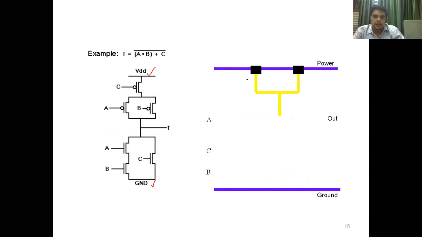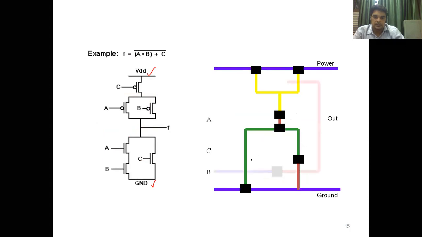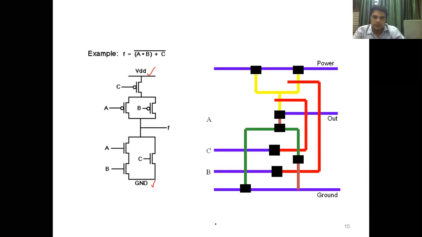Basically there are two P diffusion lines here and N diffusion lines here. So how are we connecting these? A and B we are taking here as input. So we can draw the stick diagram like this. So this is the stick diagram that is drawn here.